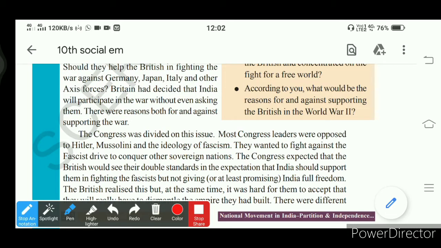Their ideology is based on aggressive nationalism and dictatorial rule. So we Indians did not like dictatorial rule. We give importance to democracy, right? Which is in Britain, France and America. So as we are against Hitler and Mussolini and their ideologies, we have to give support to Britain, right?